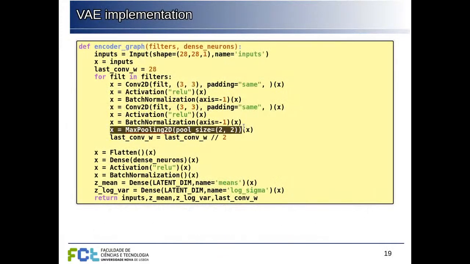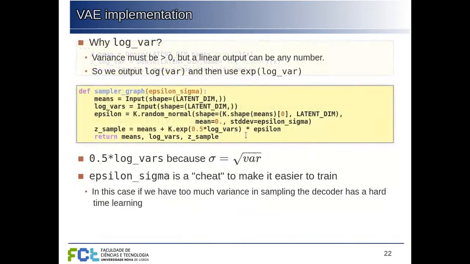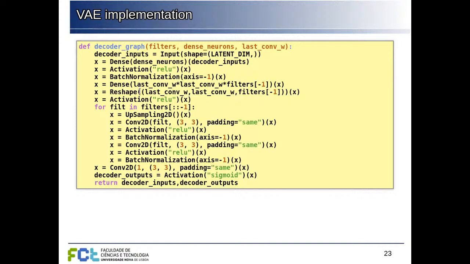You see, after the final pooling, we have a width and height that are the same, it's a square feature map, and it will have this number of filters, which is the last element in the filters array. So we are using that dimension that we got from the encoder graph and the same number of filters. And now we're going to go back in the convolutions.